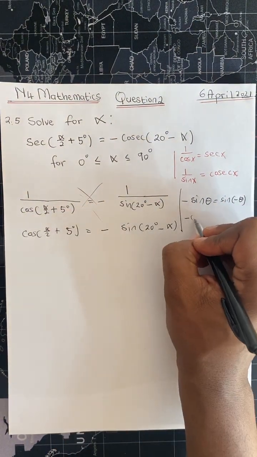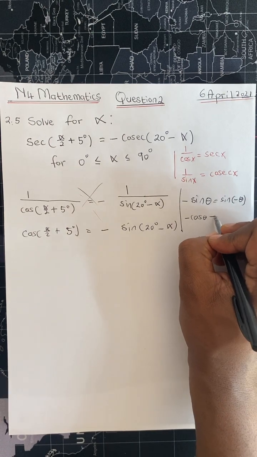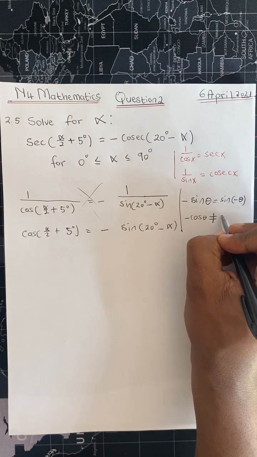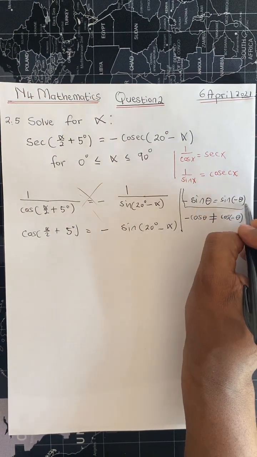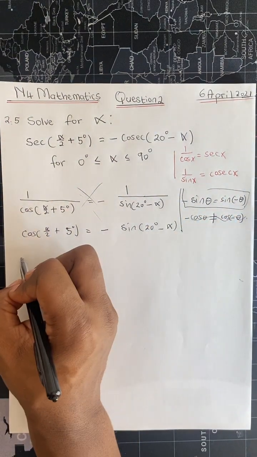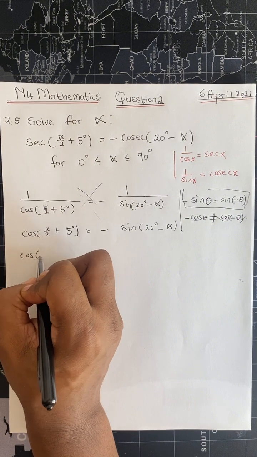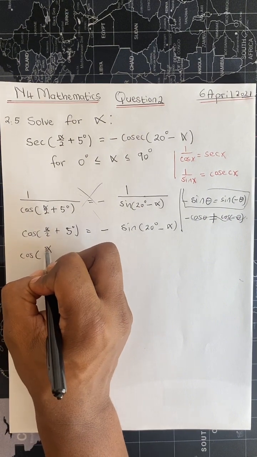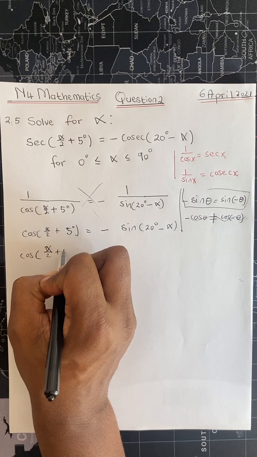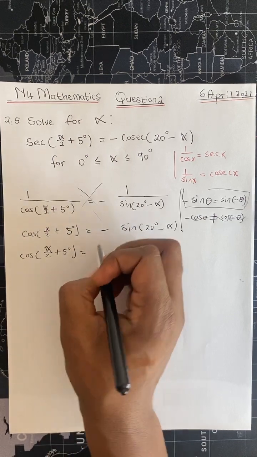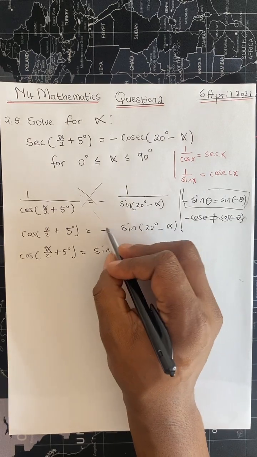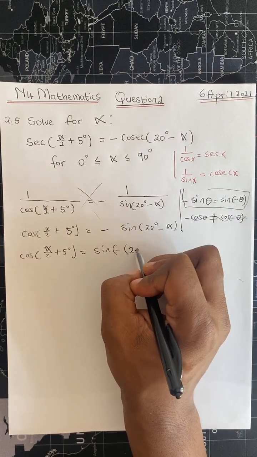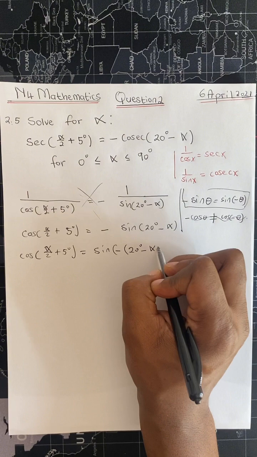But negative cos theta is not equal to cos of negative theta. So this only works with the sine. So we can put this as cos of alpha over 2 plus 5 degrees is equal to sine of negative, so we move that negative inside the parenthesis, 20 degrees minus alpha.